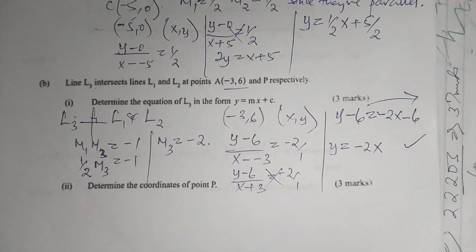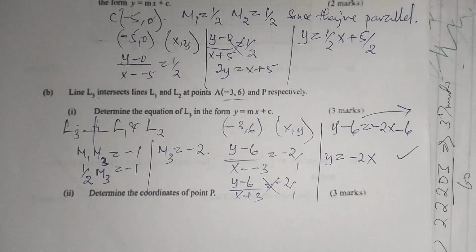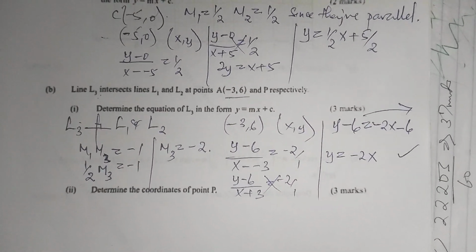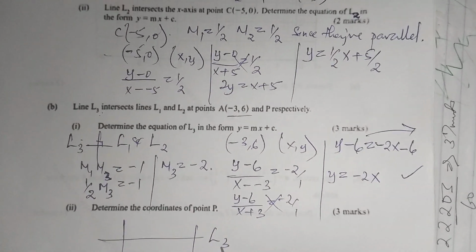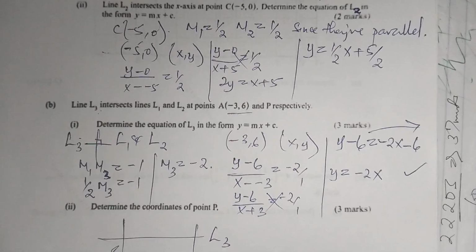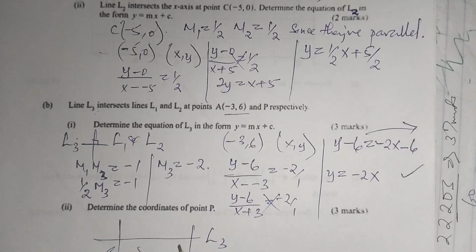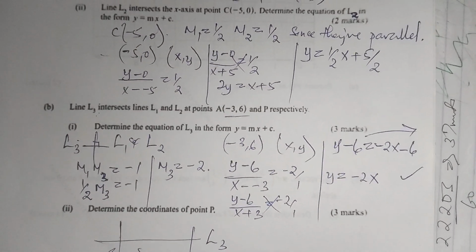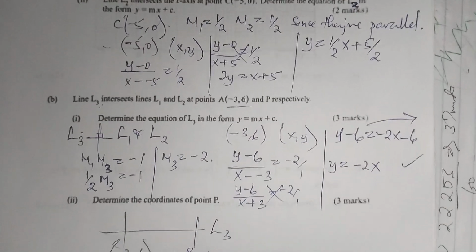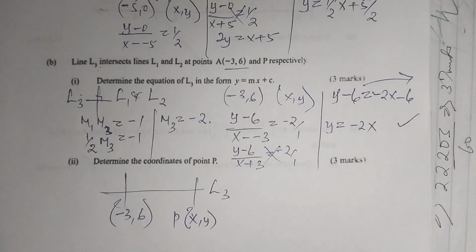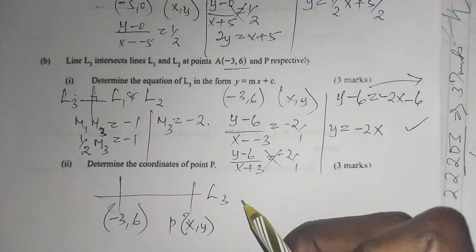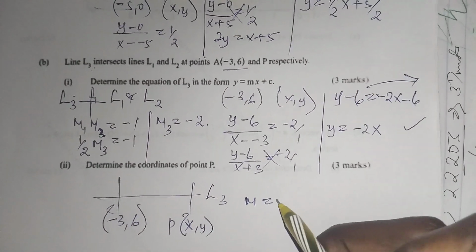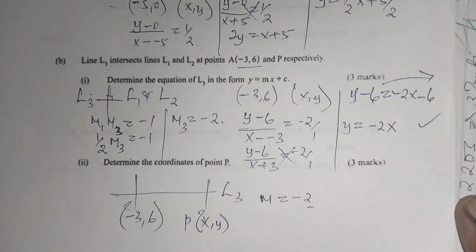And you are being told to determine the other coordinates of P. So one of the coordinates of line L3 you are given as (-3, 6). And for the coordinates P, we have the unknown. They want that coordinate, and we know that the gradient here is negative 2.